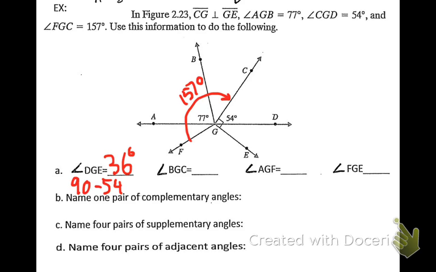BGC. What's BGC and how'd you get it? Okay, well, AGD makes a straight line. So I could subtract BGA and CGD from that, and what's left would be the angle. So we take 180 minus 77 minus 54, and that's going to give me 49.